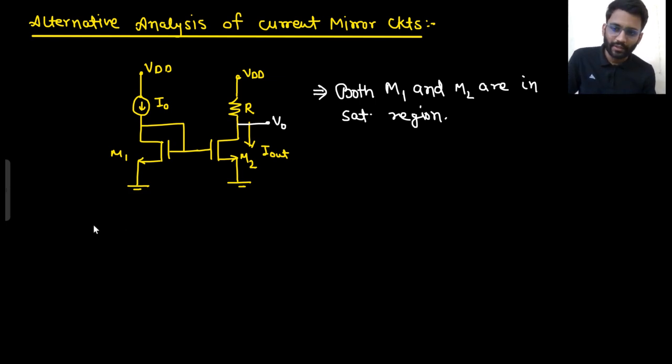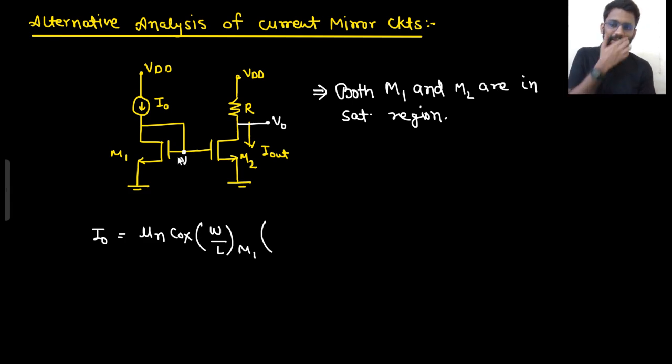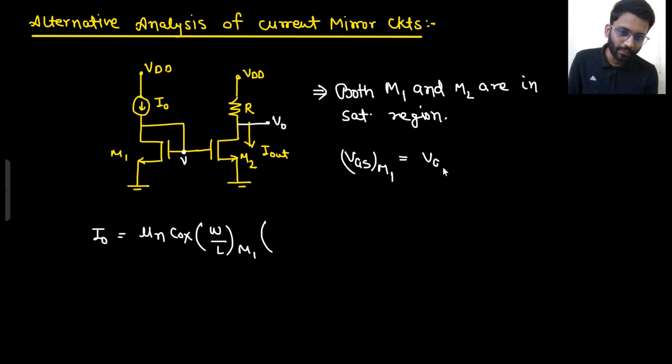Well and good. So write down the I naught equation. That would be mu n Cox W by L of M1 into VGS minus VT whole square. Let's assume this is V. Both have the same VGS. This has VGS equal to V, here also VGS equals V. So VGS of M1 should be equal to VGS of M2.